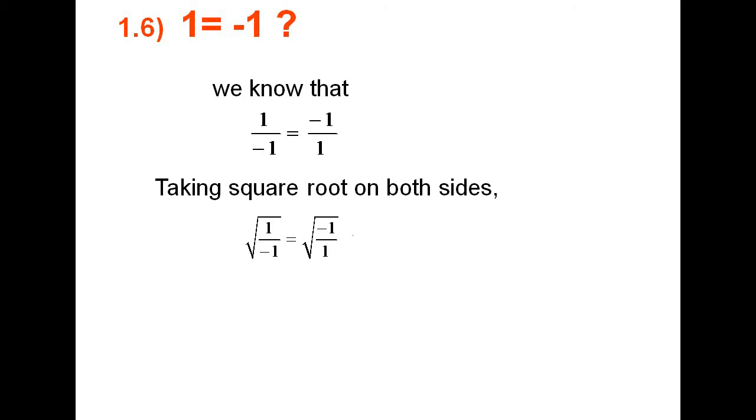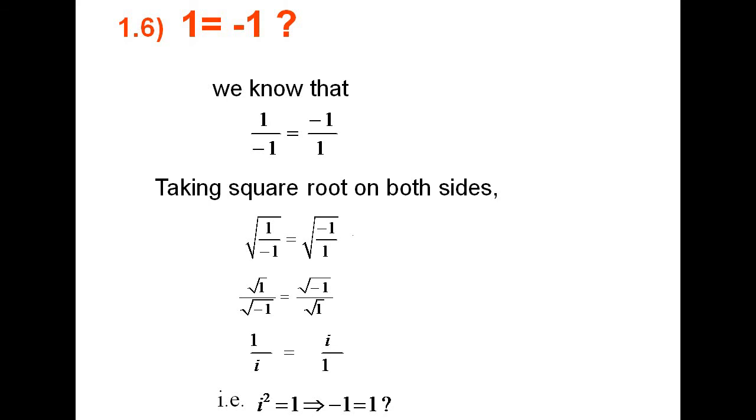We are only taking square root on both sides. Here we will write separately square roots of numerator and denominator. Square root of 1 divided by square root of minus 1 is equal to square root of minus 1. And we know that the square root of 1 is 1, and square root of minus 1 is I. If we are taking cross multiplication, then we are getting I square is equal to 1.